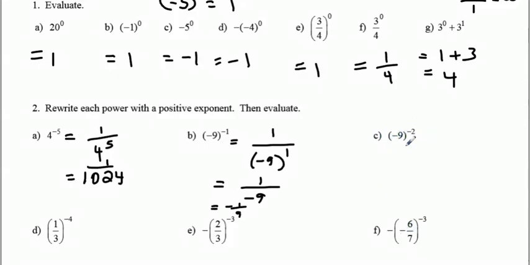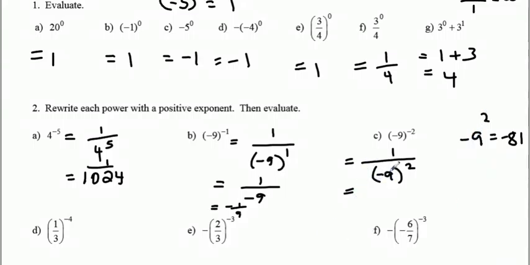So negative 9 to the negative 2 would be 1 over bracket negative 9 squared. It's very important that you have that bracket again. If you just take a quick second to check your own calculator, negative 9 squared gives me positive 81 on my calculator, but on some calculators it would actually give you negative 81, and that's because negative 9 squared is negative 81, since it's 9 squared and then you take the negative of it.